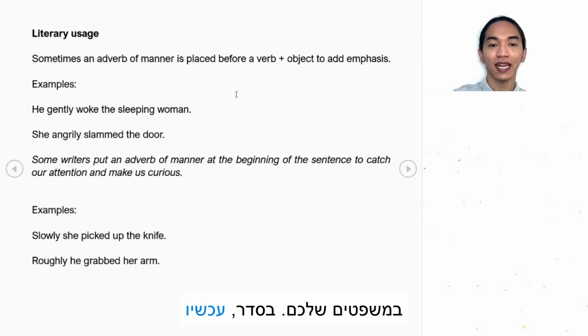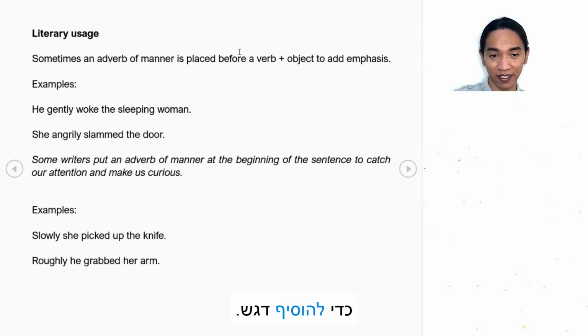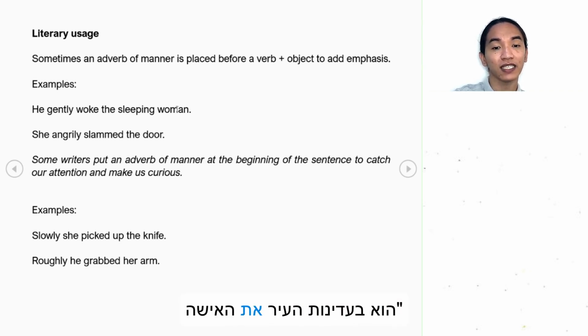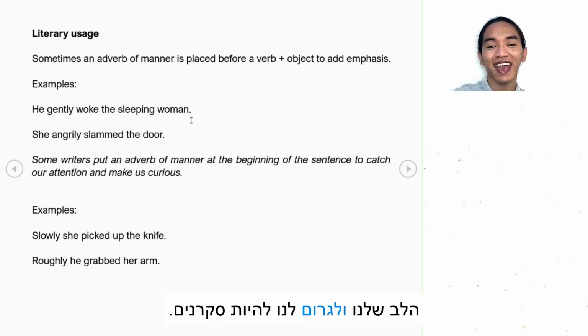Now we have here literary usage. Sometimes an adverb of manner is placed before a verb plus object to add emphasis. He gently woke the sleeping woman. So to emphasize that, she angrily slammed the door. Some writers put an adverb of manner at the beginning of the sentence to catch our attention and make us curious.